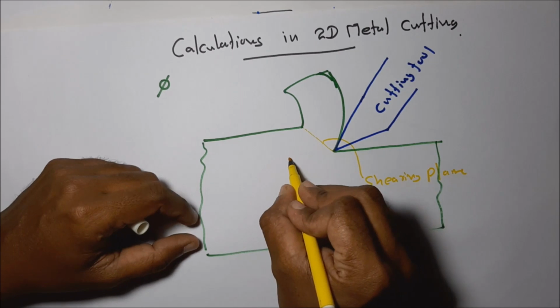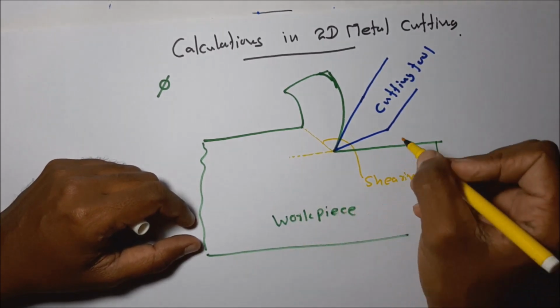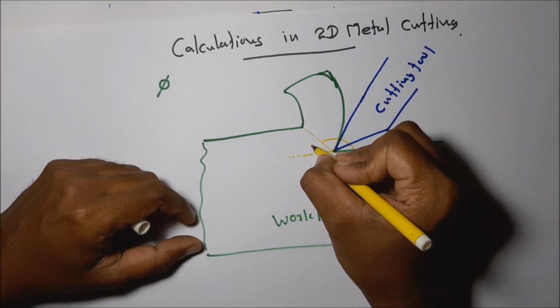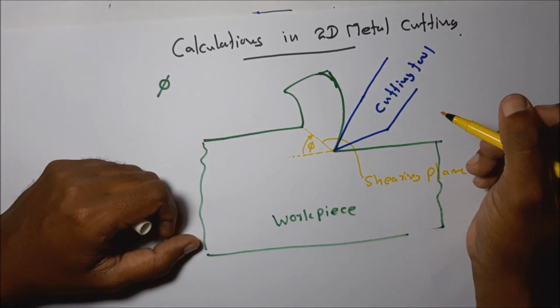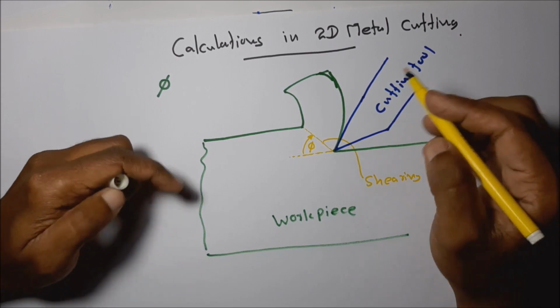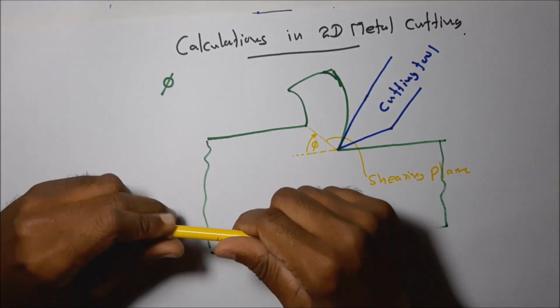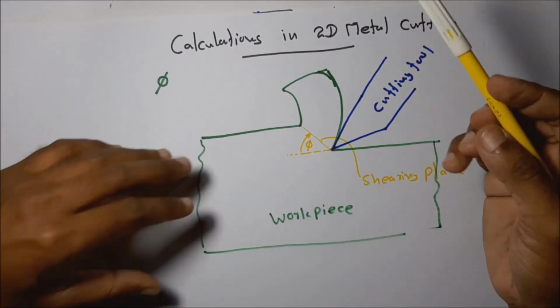The angle between the expected finish surface and the shear plane is called the shear plane angle, phi. We can't measure this shear plane angle using an instrument because it is inside the material.